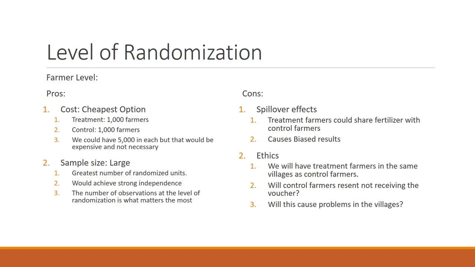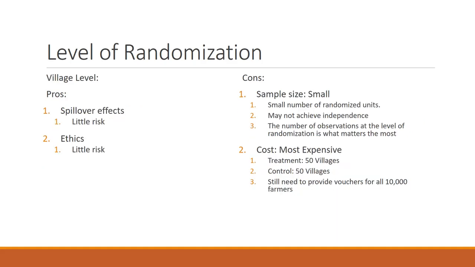All right, so those are the disadvantages of randomizing at the smallest level. When we randomize at the smallest level, there are these possibilities for spillovers, and there's this possibility for ethical concerns. All right, so then why might I randomize at the village level, or at a higher level? Well, first, let me be really clear.